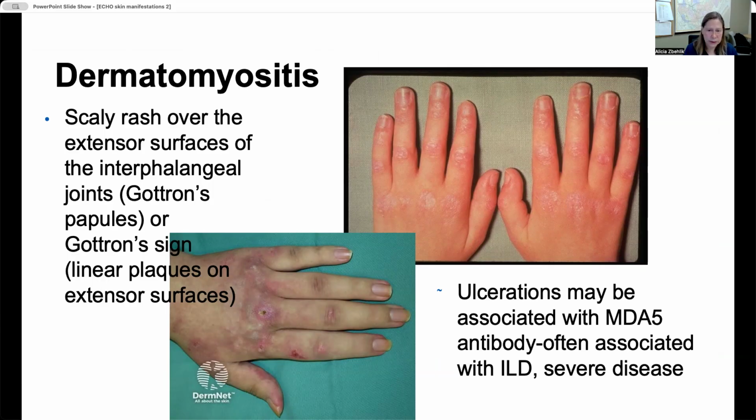You can also get them over extensor surfaces, commonly on knees, and sometimes even on hips, where it's called the holster sign if you have evidence of dermatomyositis on the hips.